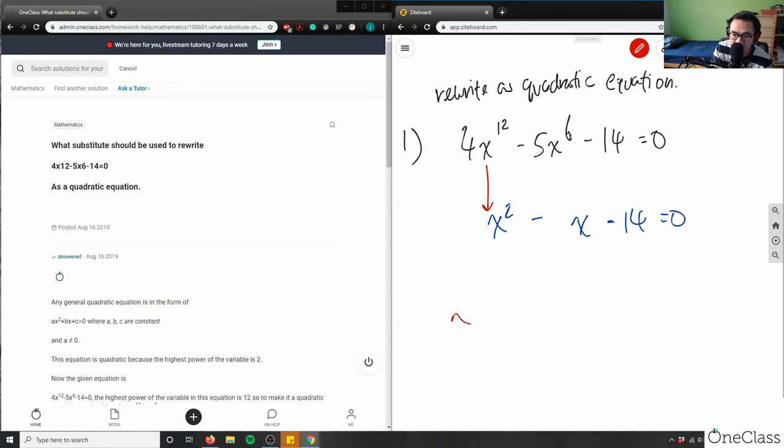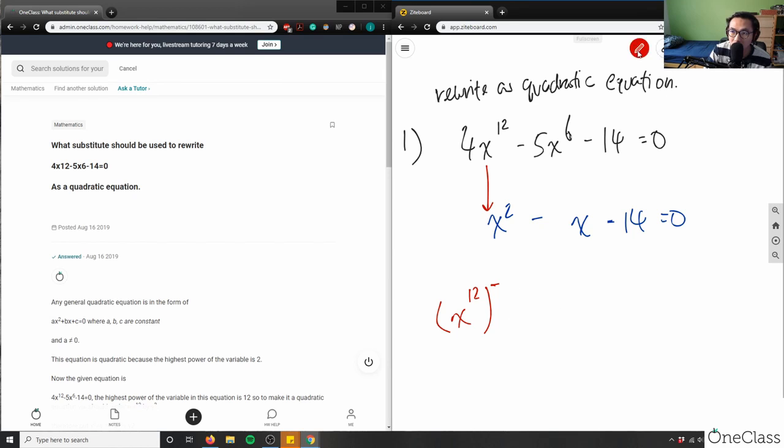I could take x to the power of 12 to the power of something so that it equals x squared, maybe to the negative 6 would equal x squared.